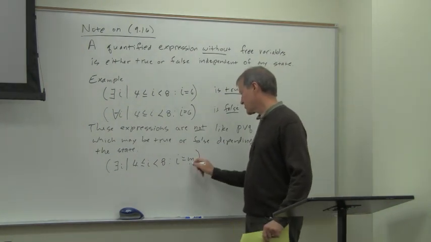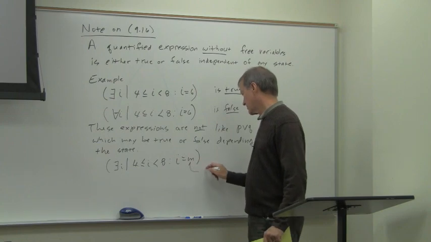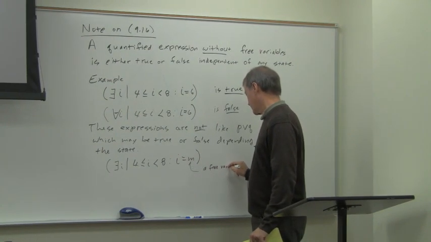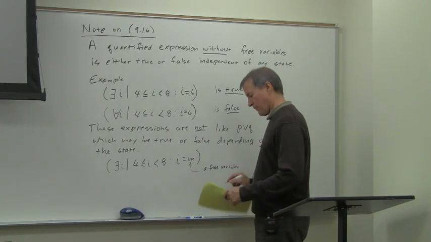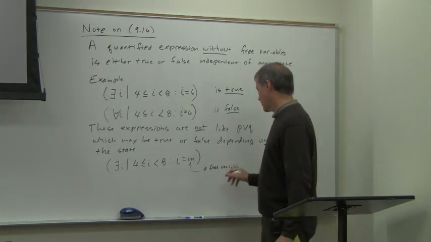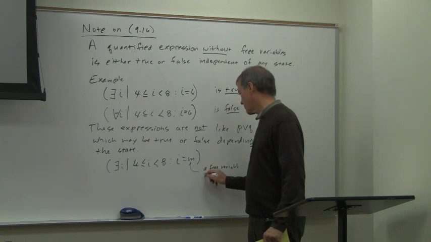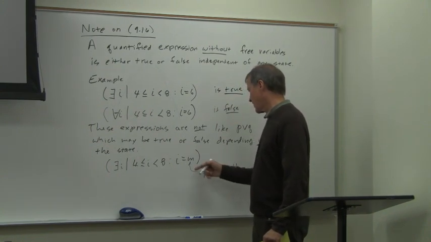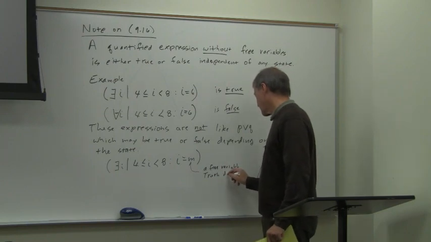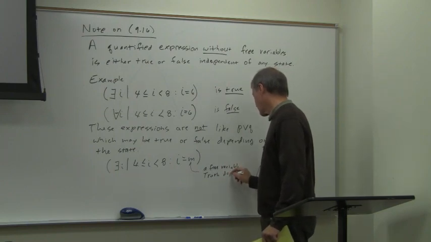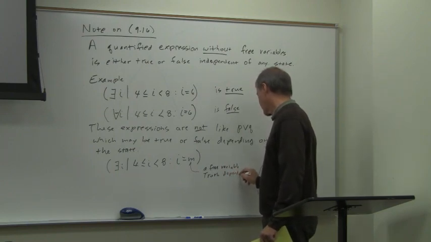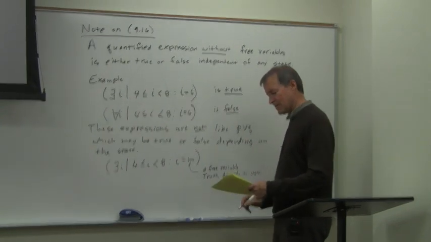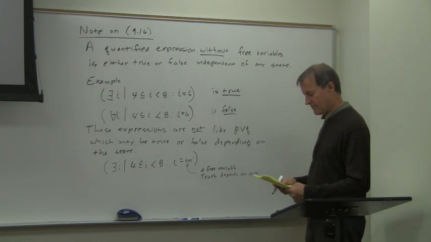A free variable. m is a free variable, right? So the truth depends on the state. Give me an example of m for which it's true. 5. Give me an example for which it's false. Negative 53. Yep, but only that one. You had to get all of them. Does everybody see that? The truth depends on the state.